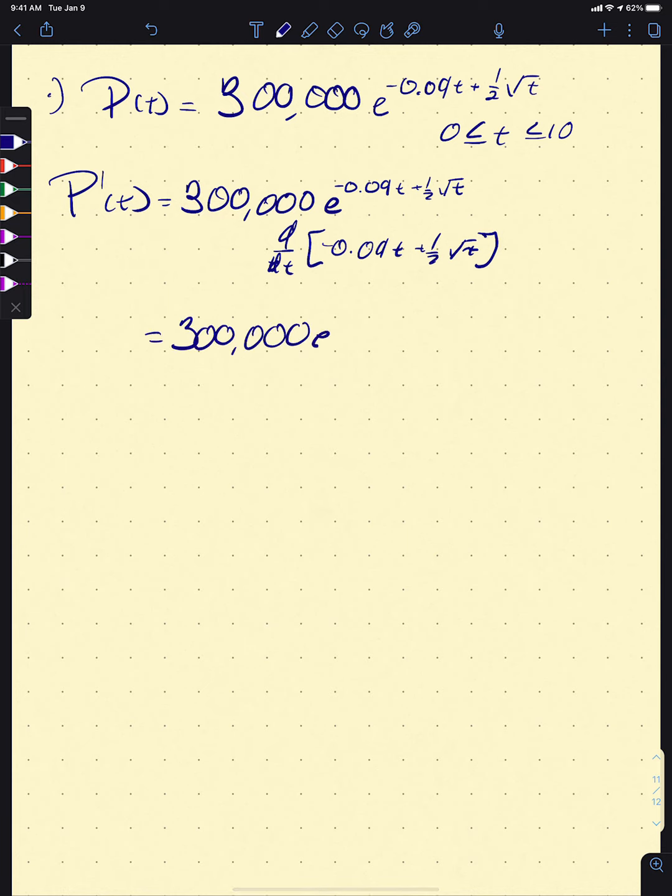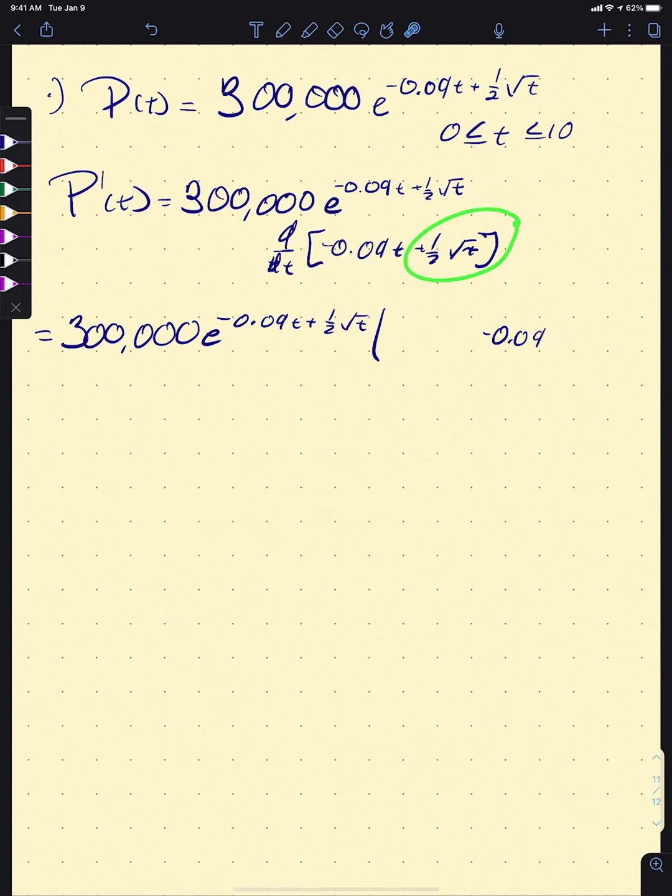My minus 0.09 t just becomes a minus 0.09, which I'm going to put over here. And then the derivative of this guy is 1/2 times the derivative of the square root of t. So we can do 1/4 and then say t to the negative 1/2. There are a number of different ways to write that. Minus our 0.09.